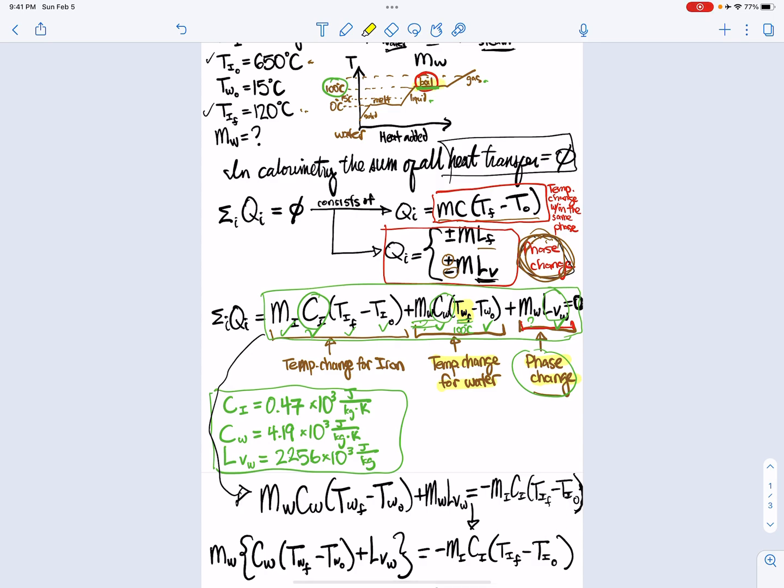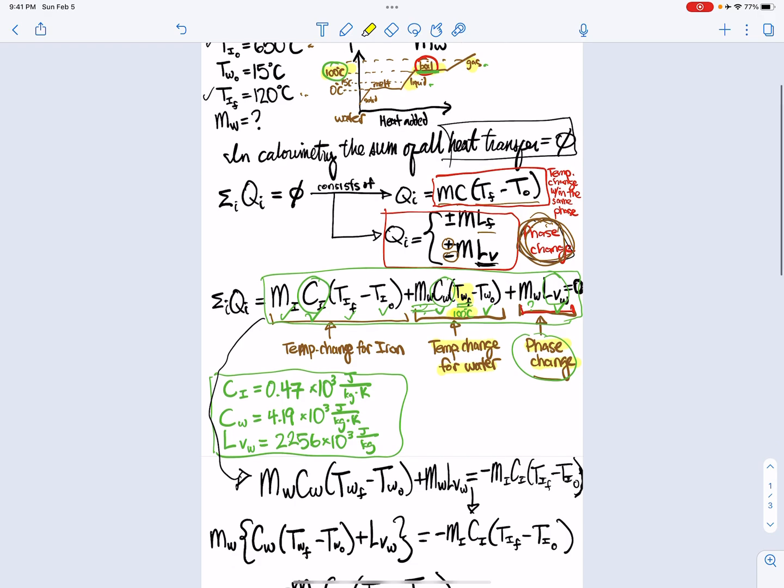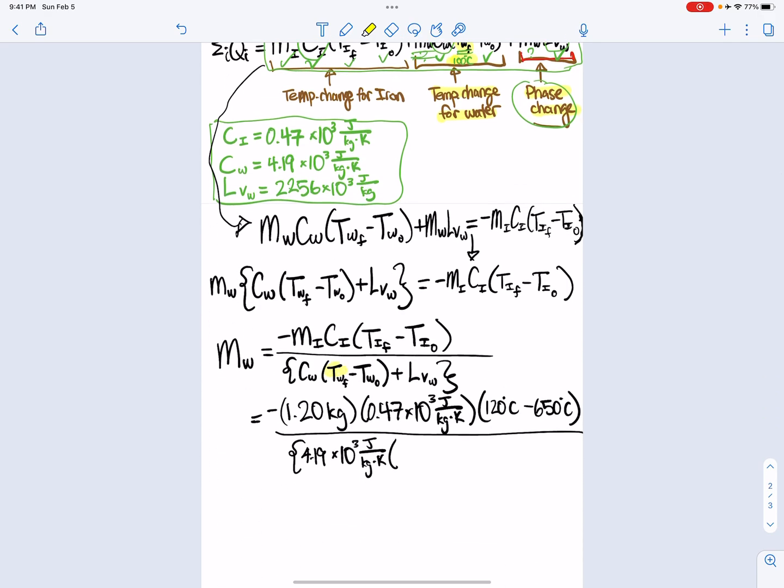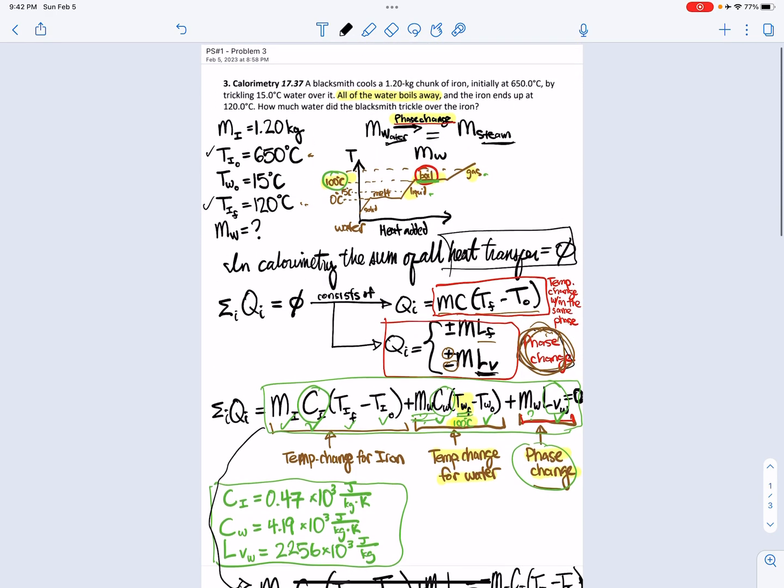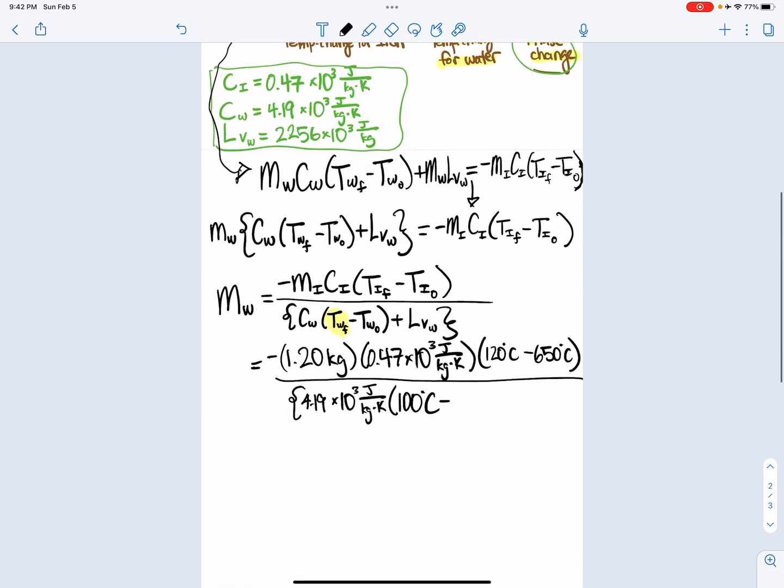The boiling point from liquid to gas, that's 100 degrees Celsius. So this is 100 degrees Celsius, the boiling point of water when it changes from water to steam. And we subtract the initial temperature of water, which is here, 15 degrees Celsius.